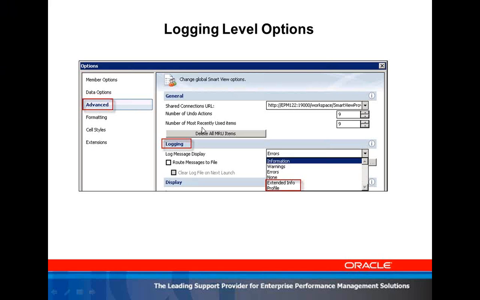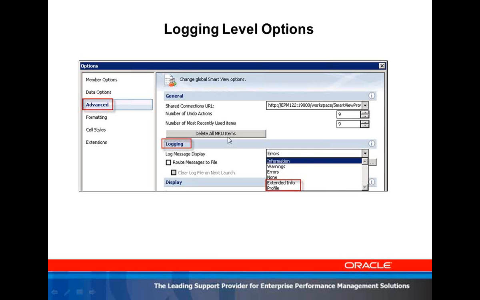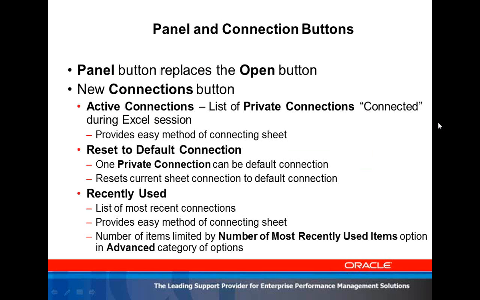If I go back one slide here, you can see there's number of most recently used items set initially to 9, and offhand I can't remember what the maximum is. But also notice that if you don't like your most recently used items showing up, you can delete all of your most recently used items by pressing that button there.